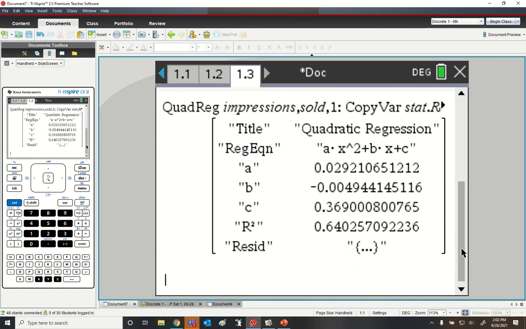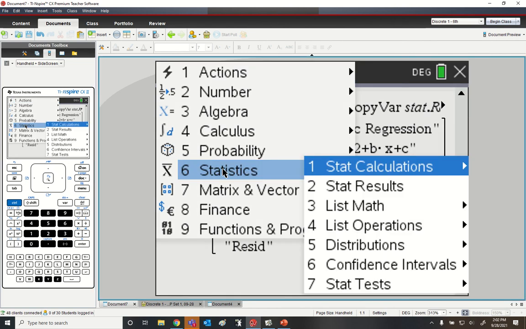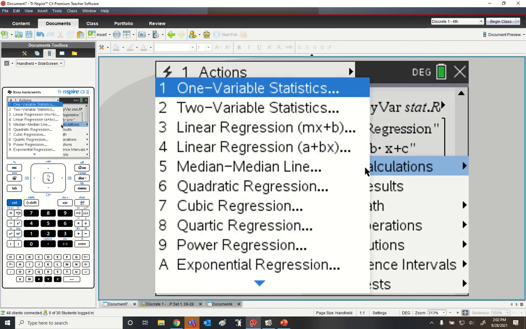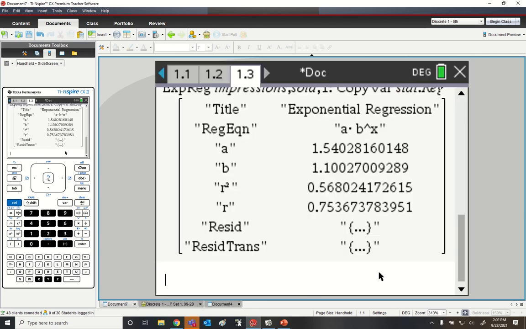And my last one I have to do is going to be stat calculations, exponential, impressions, sold. There we go. This R value was 75%, and the R squared is 0.56.